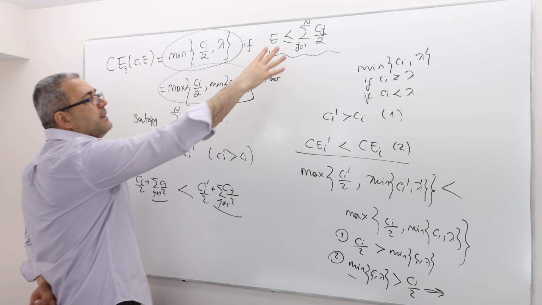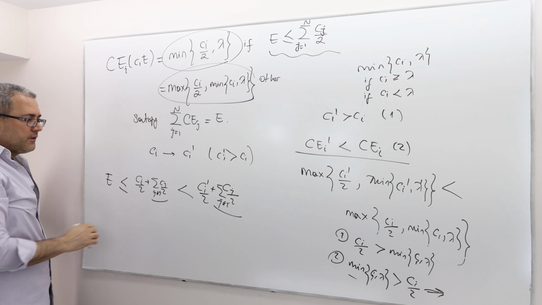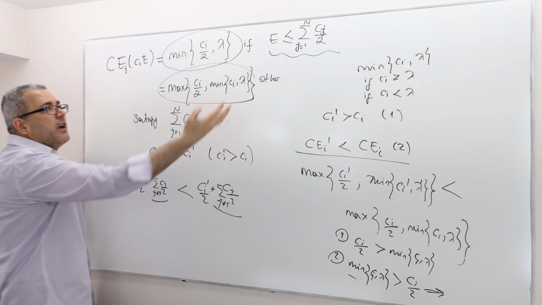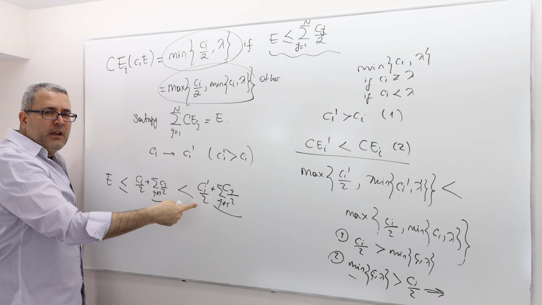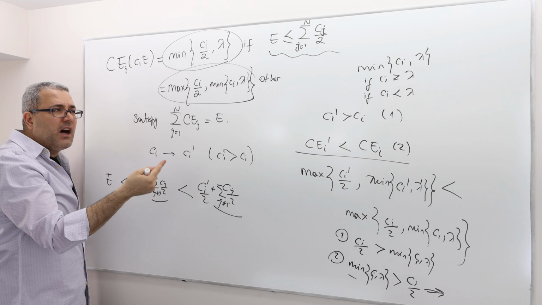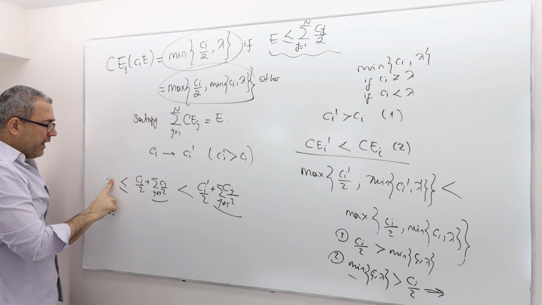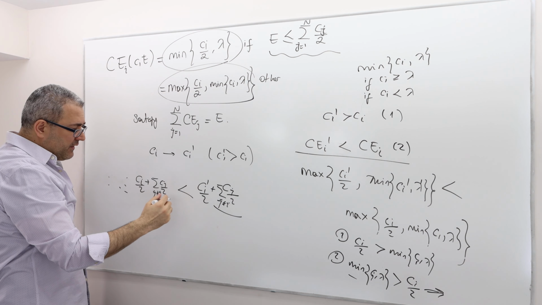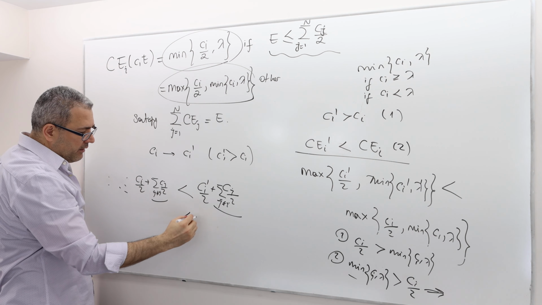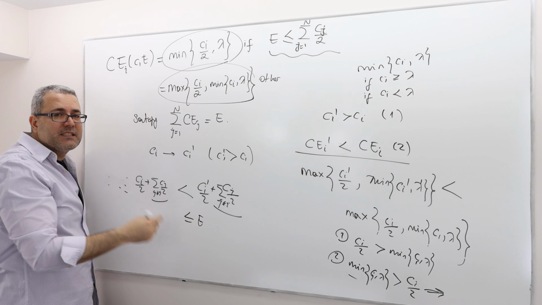Well, remember, this case is when E is less than. So when I start in this case and increase the claim of player I, I will remain in this case. However, when I assume this case, E is going to be somewhere here, right? It's going to be greater than or equal to E. But is it greater than this or less than this?